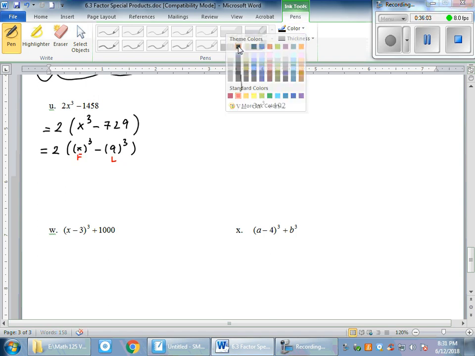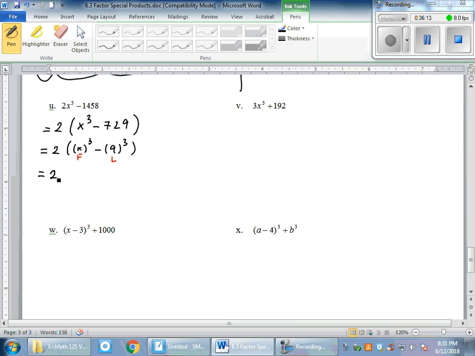Now using the formula to factor this out: 2 times, don't forget that 2, okay? 2 is a factor. 2 times first minus last, and then first square plus first times last plus last square.